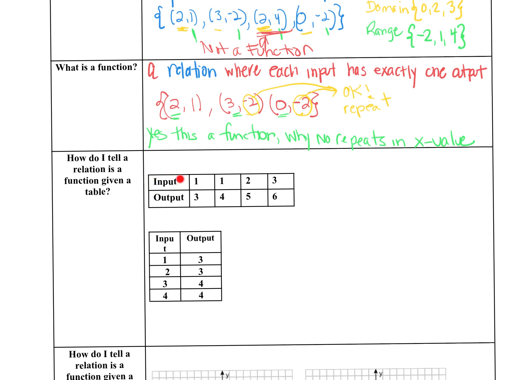When I start to look at those, I've got a 1 and a 1, a 2 and a 3. But since this value repeats in the inputs, that is not a function. So we can identify that as just a relation. It is not a function.